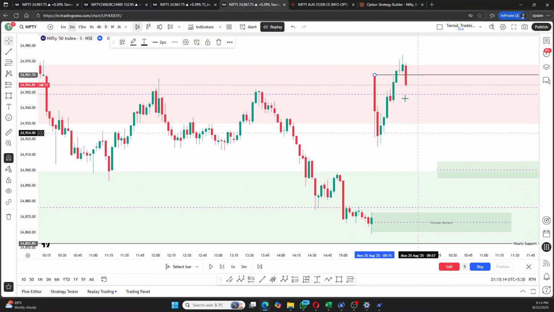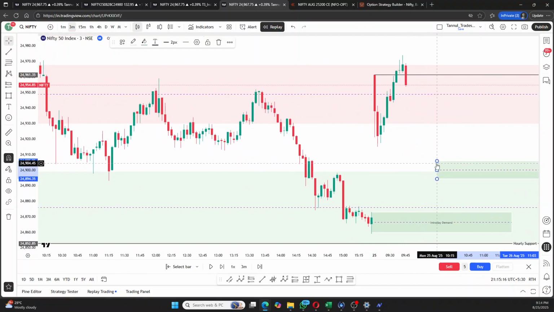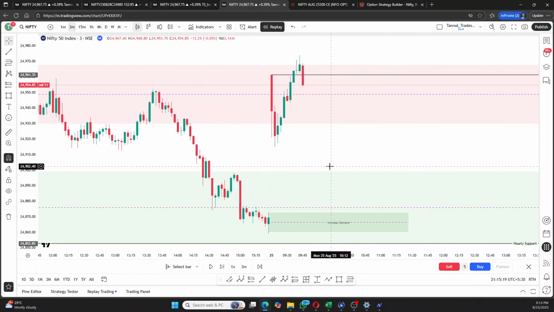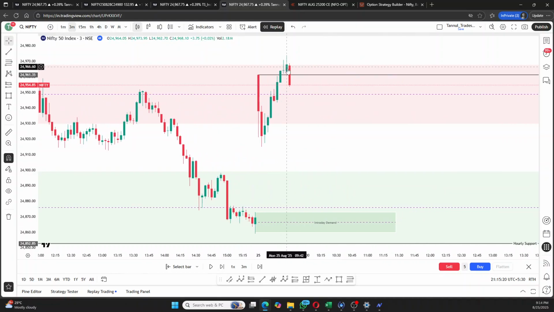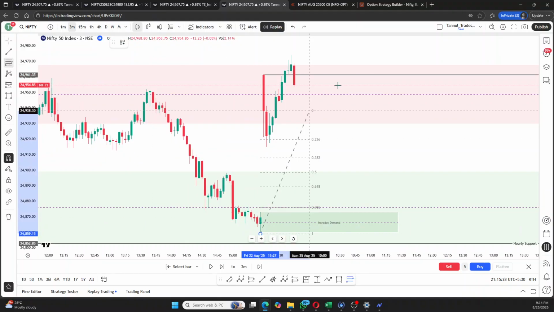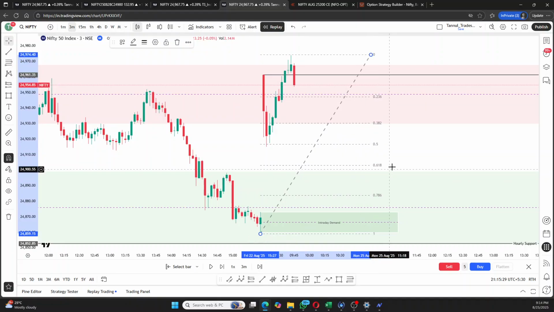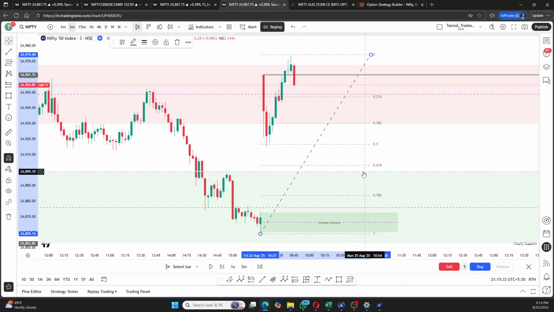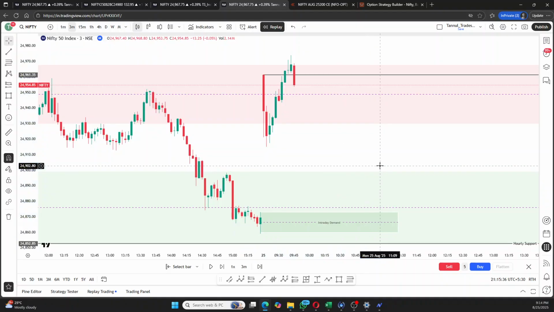We will have to wait for a retracement to come. Let's see what we can do. Even if we look for a retracement, can we expect a retracement of, let's say, 60%? And if that happens, can we expect the price to touch this demand zone at least?